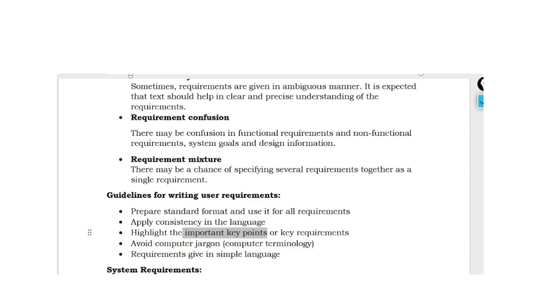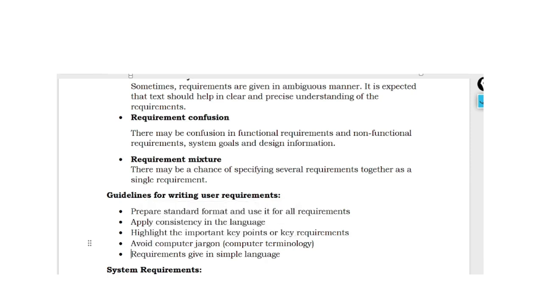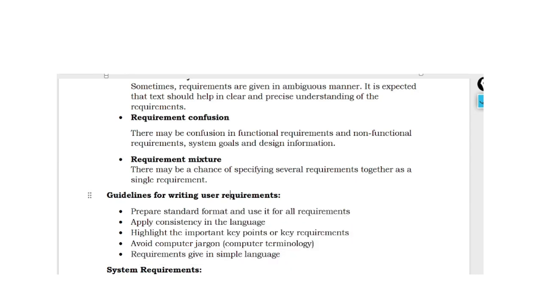This is a very important thing. We should highlight the key requirements that need to be developed first, and avoid computer jargon. That means we should avoid computer terminology while giving the requirements, and requirements should always be in simple language. So these are user requirements.